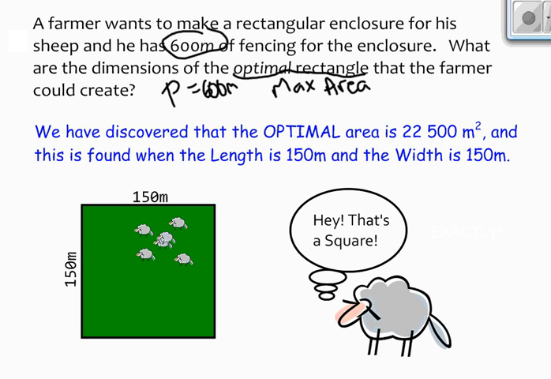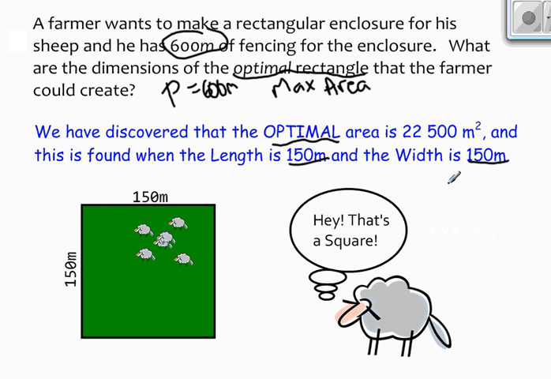And what we discovered is that the optimal area, or the biggest area we can make, is 22,500 square meters. And that was found when the length was 150 meters and the width was 150 meters. And then, of course, our little smart sheep guy noticed that 150 meters by 150 meters is in fact a square.